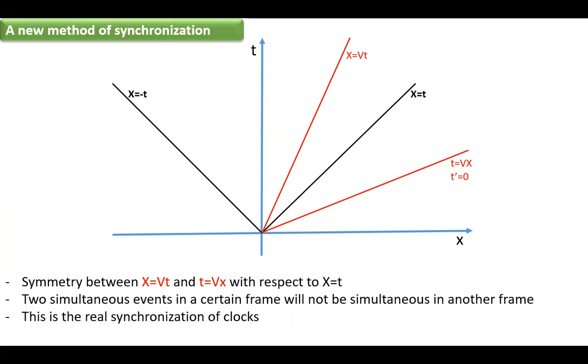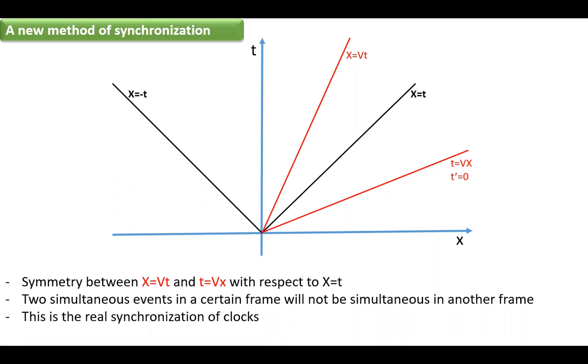The consequence, as we said last time, is that if you have two simultaneous events in a certain frame, they will not be simultaneous anymore in other frames, even if they were inertial frames. So this is a real synchronization of clocks.